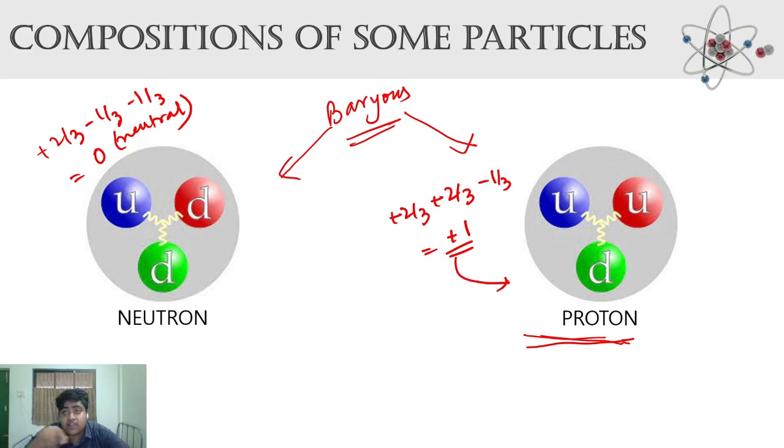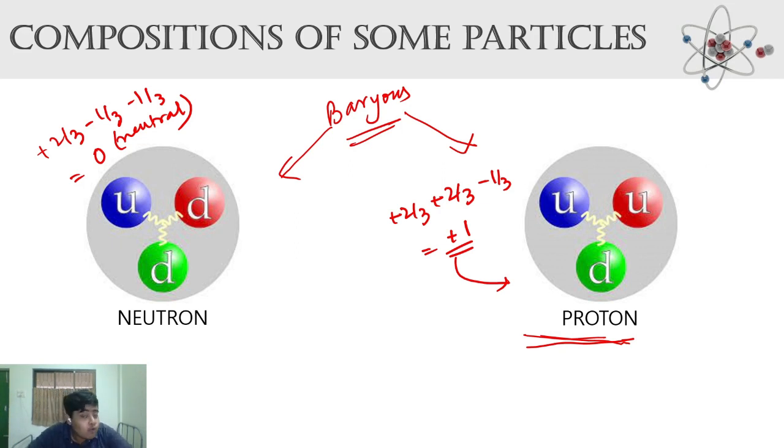The fractional charges of quarks account for the known charges of composite particles such as protons and neutrons. Now, quarks arrange themselves in such a way that for baryons of the first generation, like protons and neutrons, they have a spin of half.